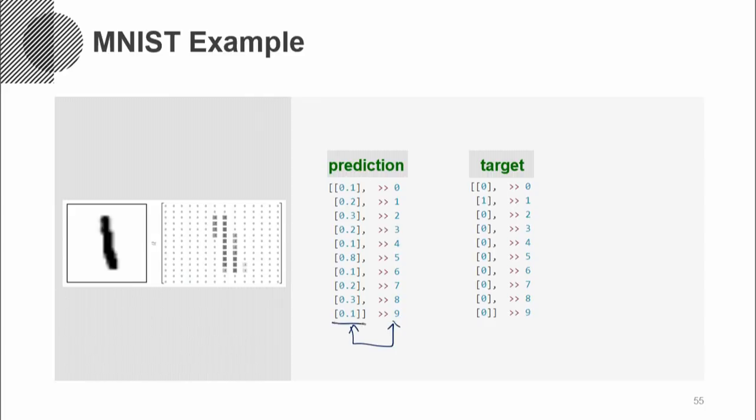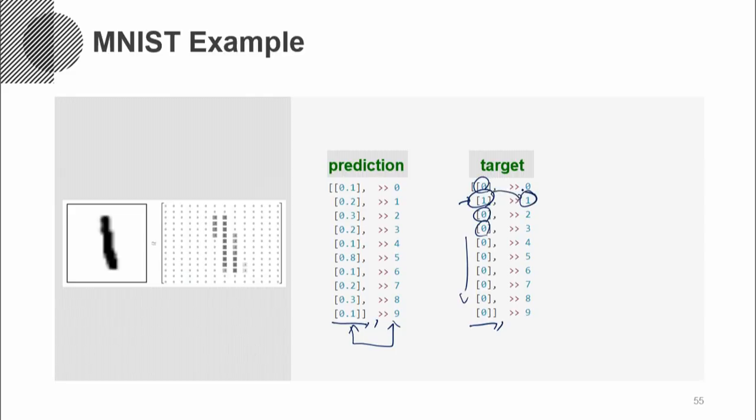So this is our prediction output, and then the ideal output that we desire can be constructed as this vector, where we have 0 probability values for all the wrong digit labels, and then 100% probability for the correct digit label.